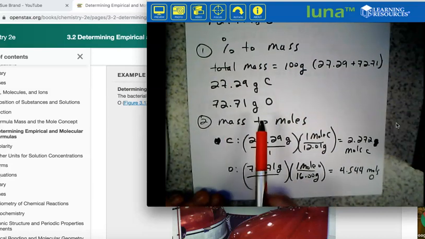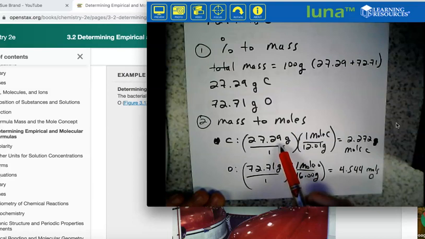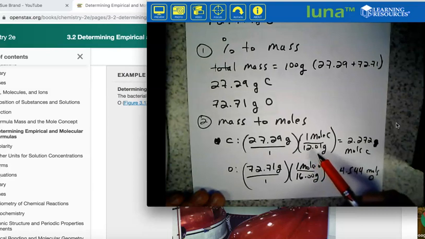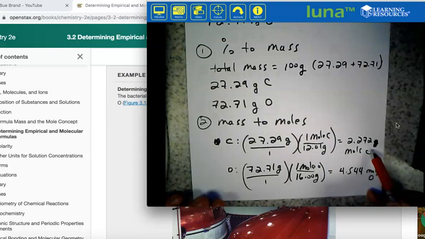Then we go from mass to moles. We take the mass for carbon in this example and divide it by the average atomic mass for carbon, which is 12.01 grams per mole, to get the number of moles of carbon, 2.272.